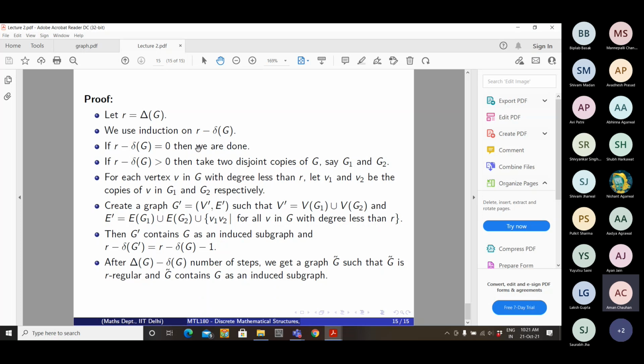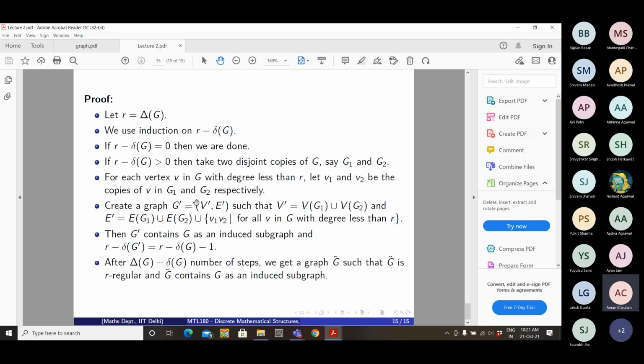In this case, what we will do is take two different copies of the original graph G, say G1 and G2. So now we have two copies of G, and for every vertex v which has degree strictly less than this R, strictly less than the maximum degree, we take two copies of the vertex, say v1 and v2, from G1 and G2.